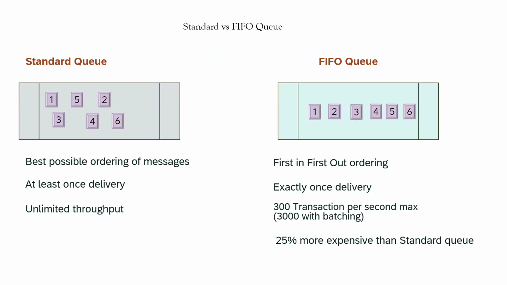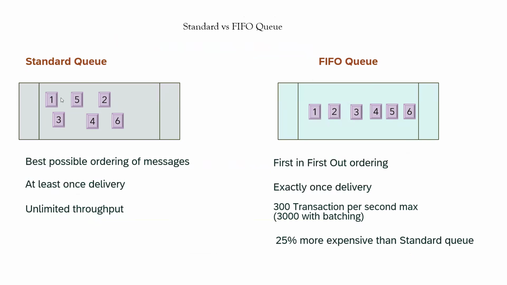Further, there are two types of SQS queue on AWS. First is the standard queue, and the second one is the FIFO queue. In a standard queue, there is no respective order of the messages.